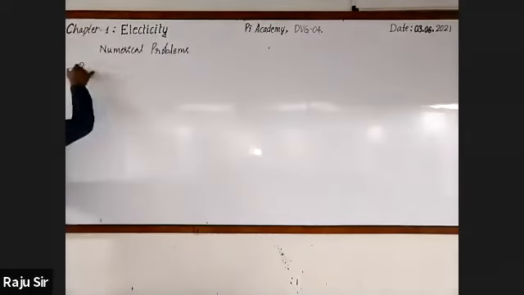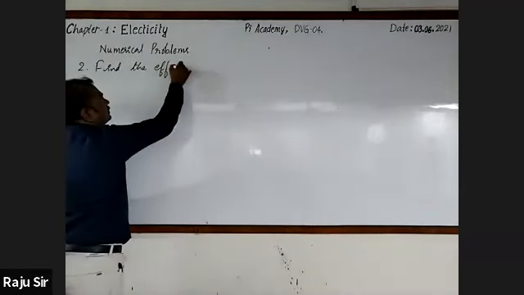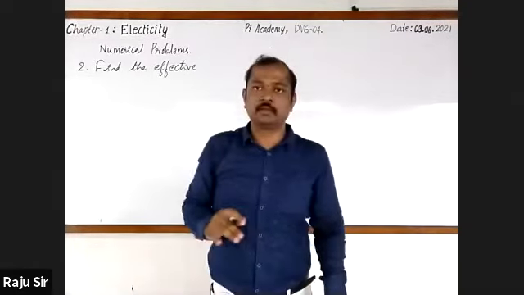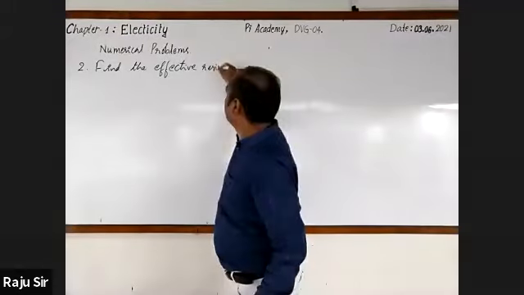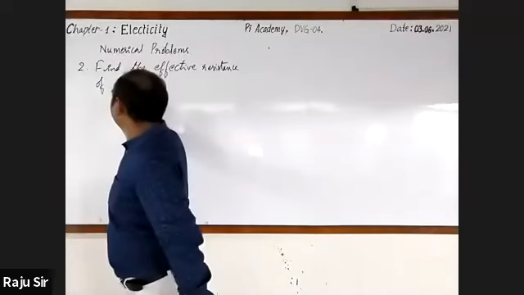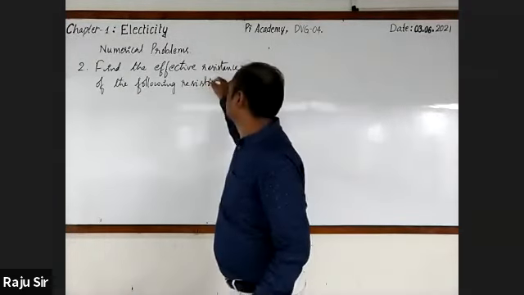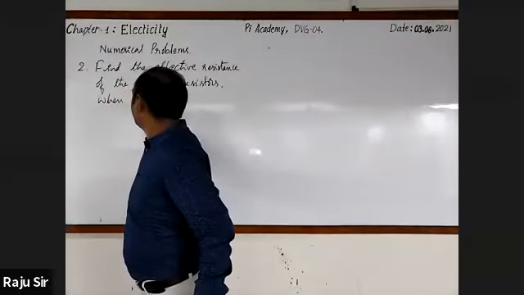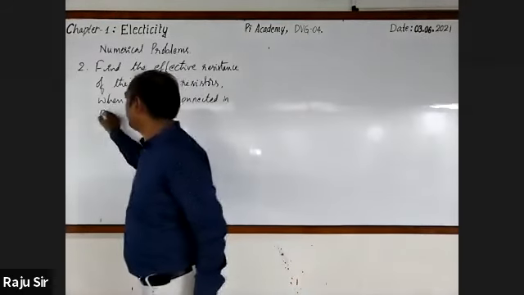Find the effective resistance, or resultant resistance, or total electric resistance, of the following resistors when they are connected in parallel.